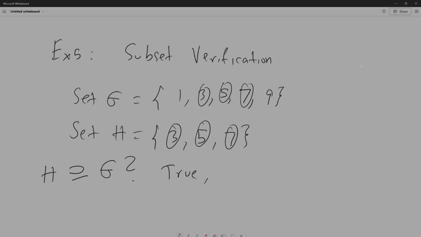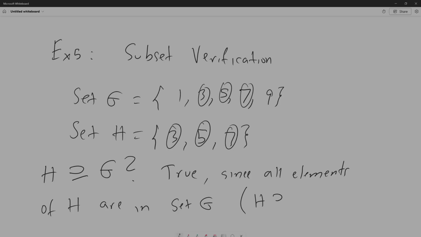And we're gonna say true since all elements of H are in set G. That means that H is a subset of G.